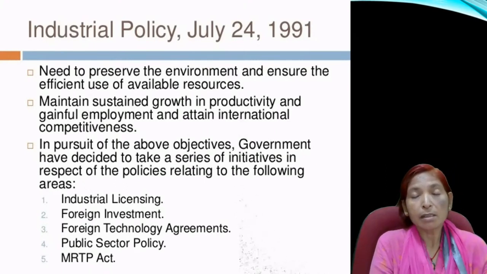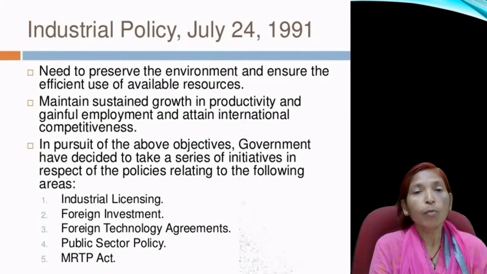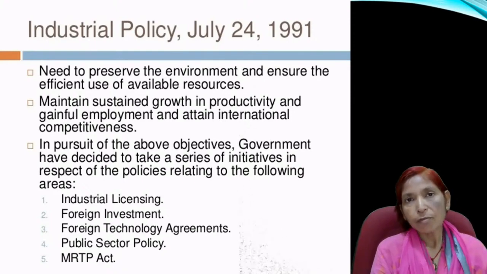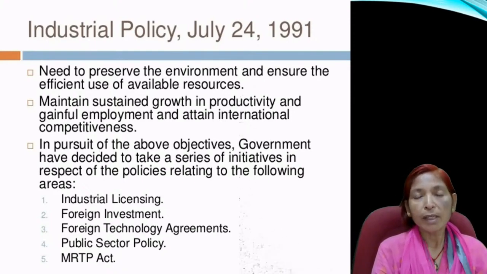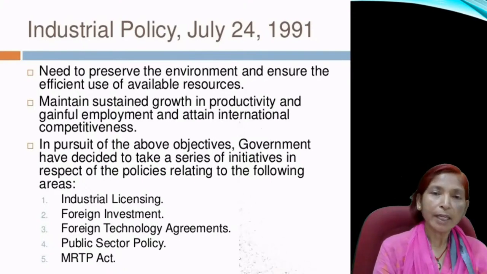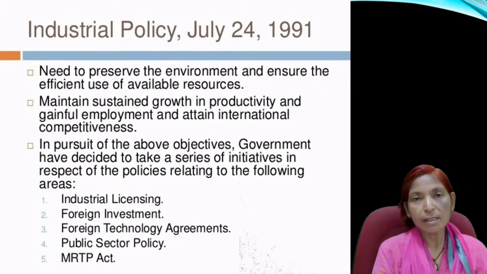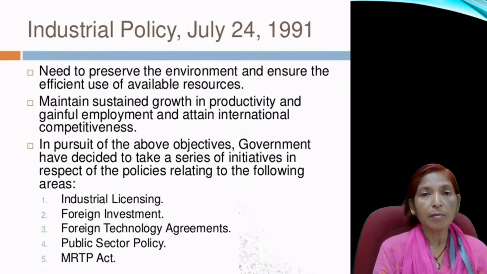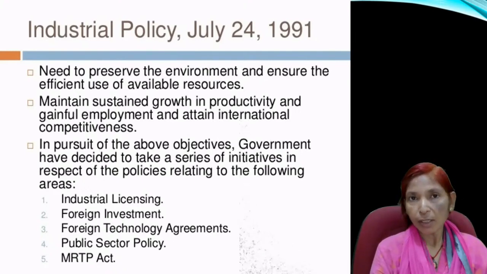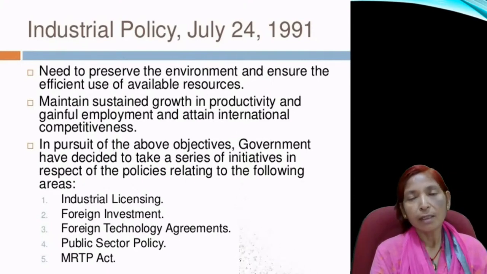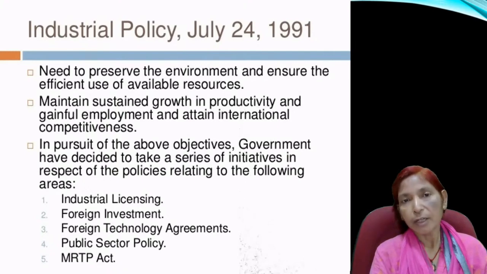It means government is at present providing a more liberal atmosphere and more opportunities for enhancing industrial development. In foreign technological agreements also, government provides concessions, technical assistance, some subsidies, and imported technologies for the advancement of industrial development and technical upgradation.